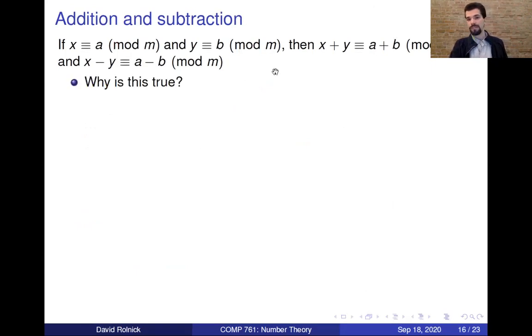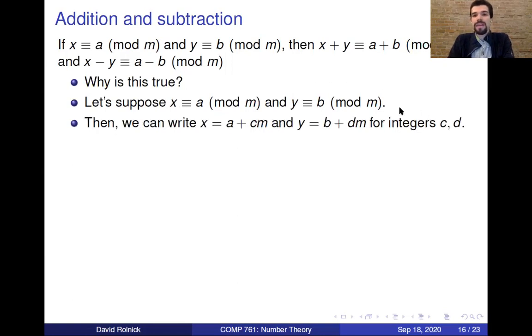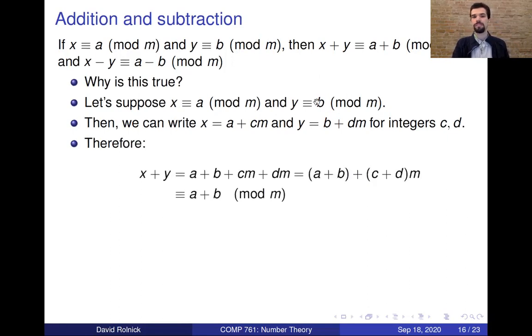Why is this true? Well, let's suppose that x and a are congruent mod m and y and b are congruent mod m. That means that we can write x equals a plus some multiple of m and y equals b plus some multiple of m, for some integers c and d. And that means that the sum can be written as a plus b plus c times m plus d times m.